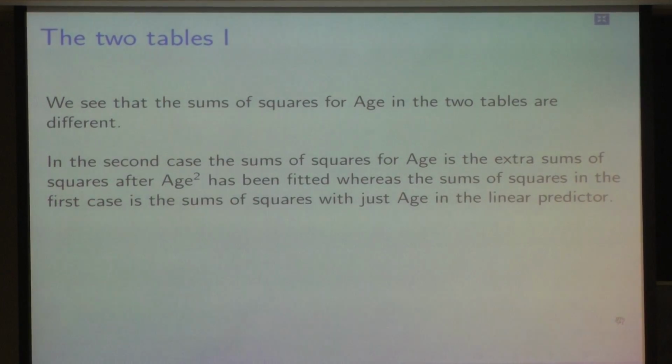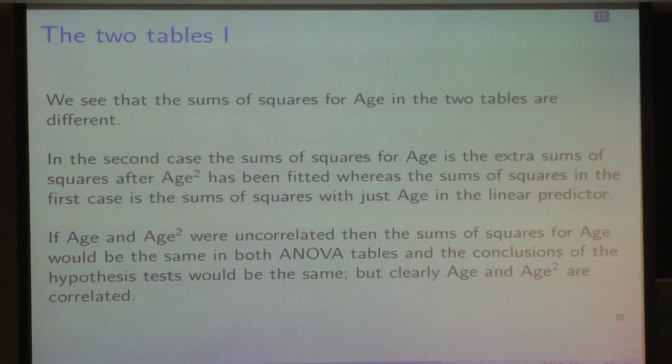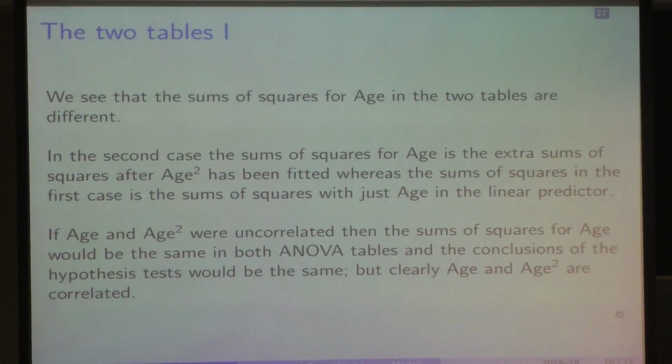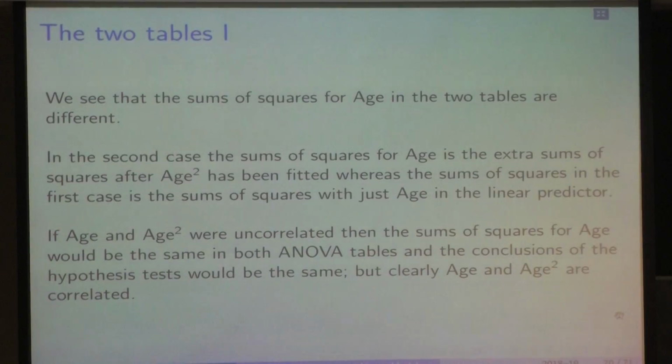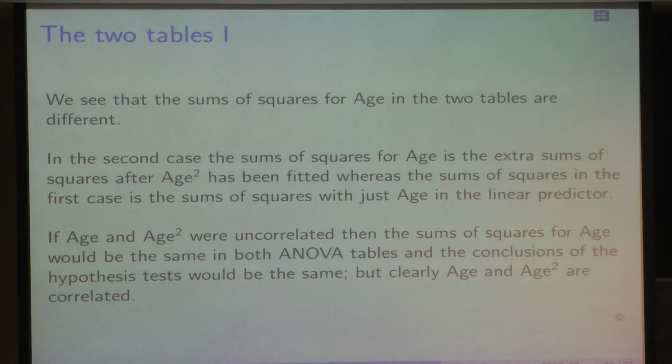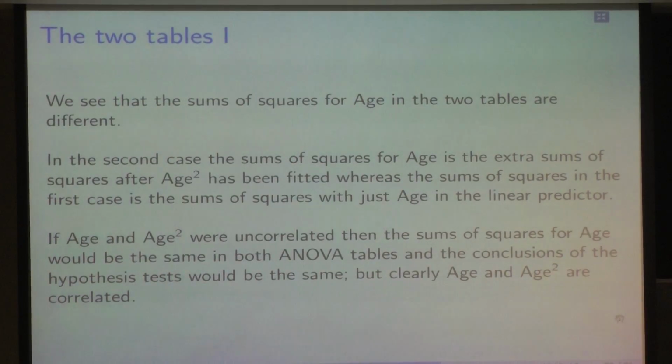But in the second table, age squared is already included. Now, this happens, of course, because age and age squared are very much correlated variables. There's clearly a strong correlation between the age of something and the square of the age.